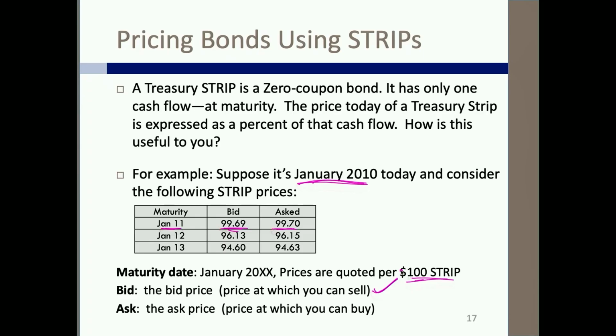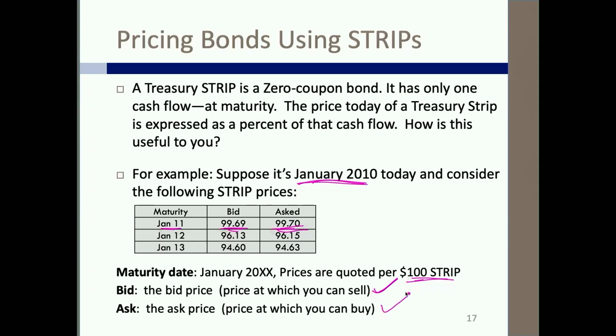Okay. Now, if you had a $1,000 treasury strip, she would pay 99.69% of it, so that would be $996.90, okay? So you can think about these quotes as a percentage or an amount out of 100. Those are equivalent. All right? If rather than having a treasury strip you want to sell her, you want to buy a treasury strip from her, that is the ask price.